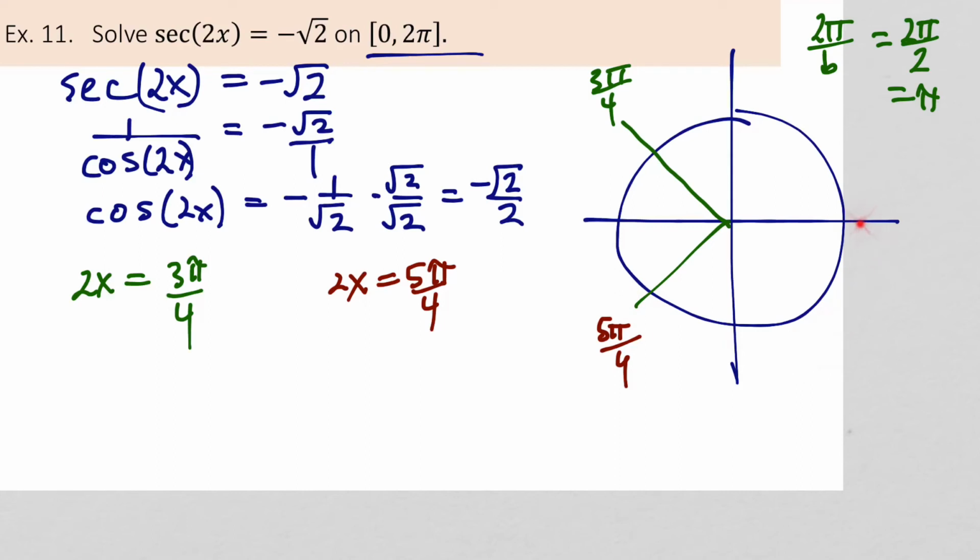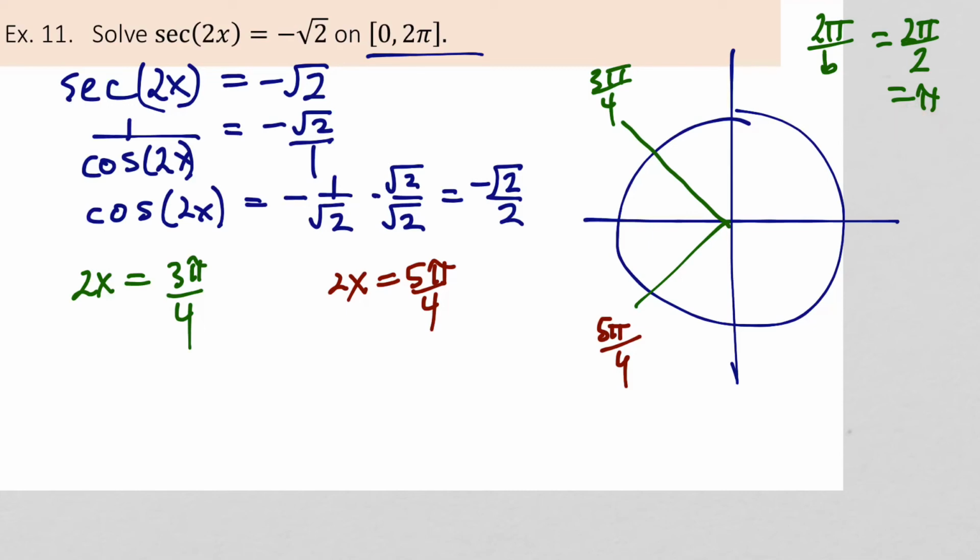But I've technically only gone half of my allotment, if you will. So I can go another trip around and hit it here again, and here again, and so that'll give me 4 solutions to this problem. 2 coterminal angles here and 2 coterminal angles here, because I can make 2 full trips around the unit circle before I hit 2 pi, since my period is only half. So I'm going to have 4 solutions to this problem.